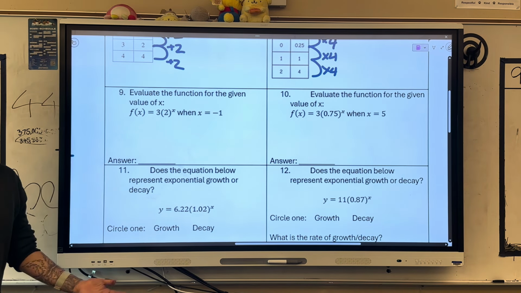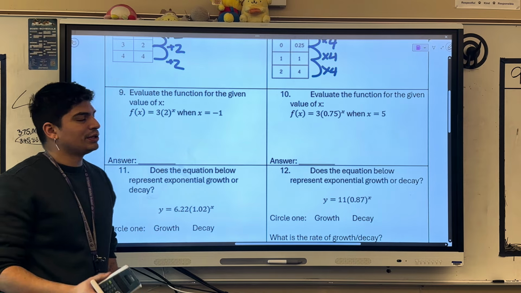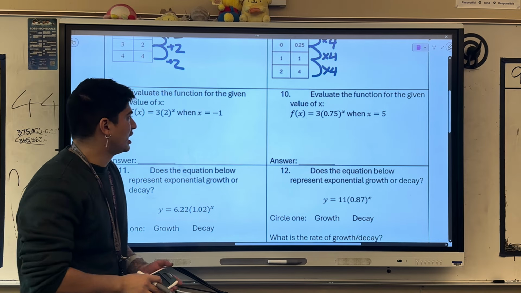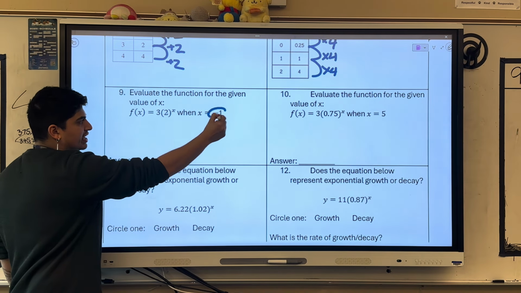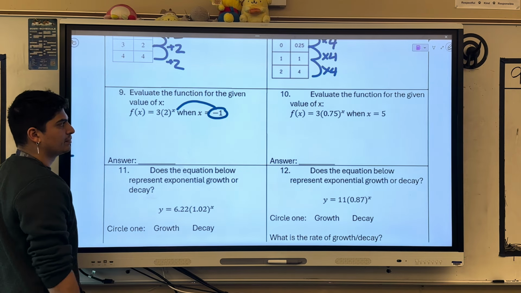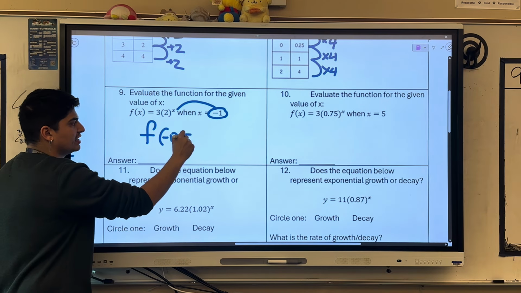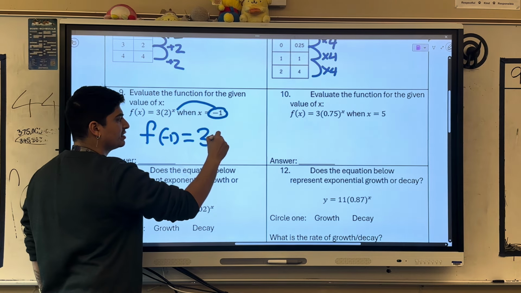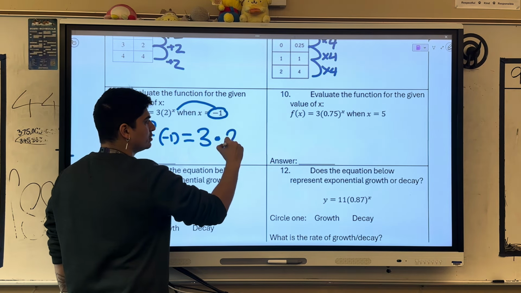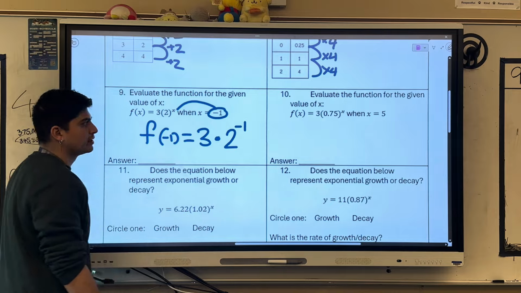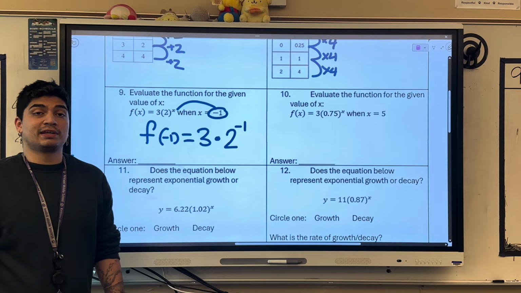All right, now let's start evaluating, right? This one starts to use a lot of our exponent rules. Well, all I'm doing is putting this -1 right here. So I'm going to write f of -1 is equal to 3 times 2 to the -1st power. So what ends up happening here?